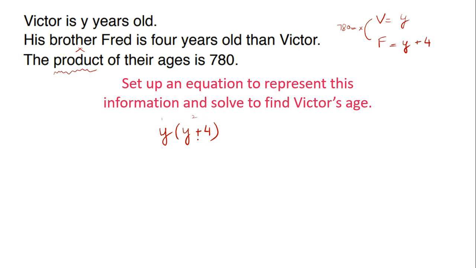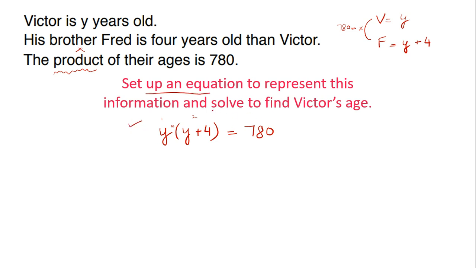Completely, the y plus 4 entirely is the second term, right? So y times, I've not put anything in between. It just understood that there's a multiplication sign here, right? So we just put it in as a bracket. So y times y plus 4 is equal to 780. Now the first step is complete, set up an equation. The equation is set up.